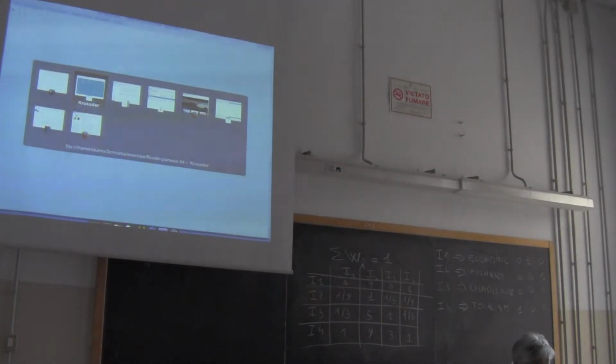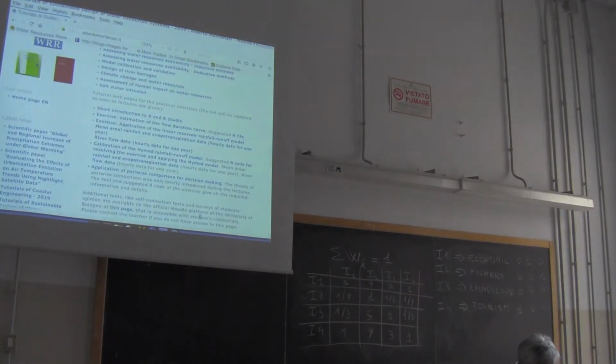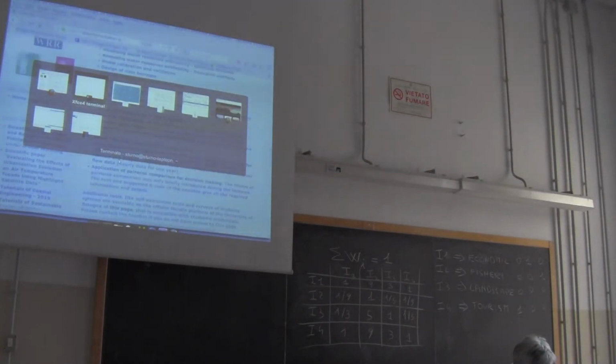Now, if I go back to the previous calibration of the iMod rainfall runoff model, you remember that we had data for rainfall and evapotranspiration and data for river flow, okay? Let me check if I already downloaded the data.